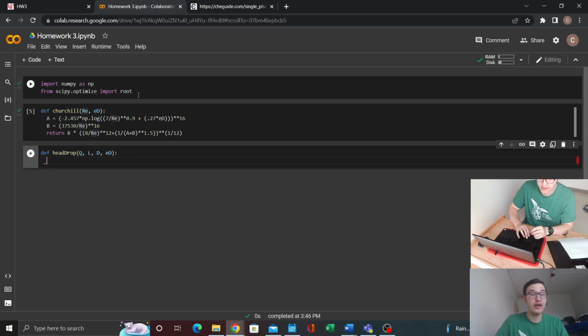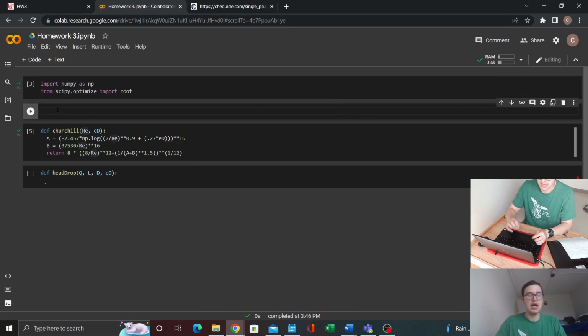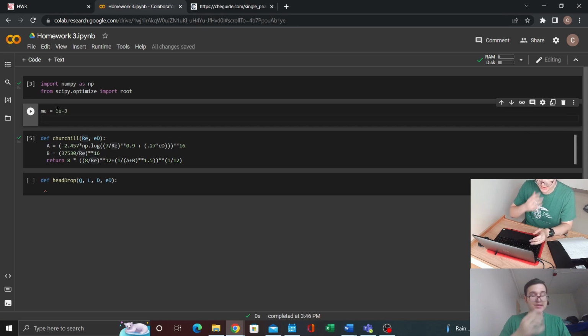And for this, I'm going to want to enter some constants so that we can actually find the Reynolds number instead of giving the Reynolds number. So, let's do mu, the viscosity of water is 1e negative 3. This is in Pascal seconds.